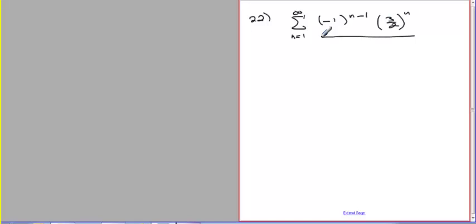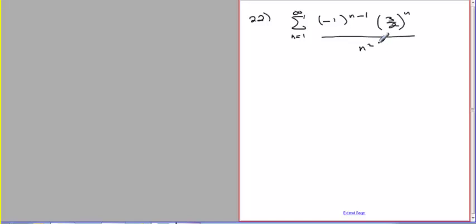Okay, let's do the 2 remaining in this part. So I have 22. So we actually have an alternating series here. So because of that, I'm trying to see if we've done this one similar.